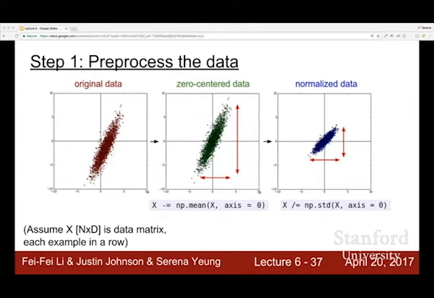And then in terms of normalizing the data, you want to normalize data typically in machine learning problems so that all features are in the same range and so that they contribute equally.